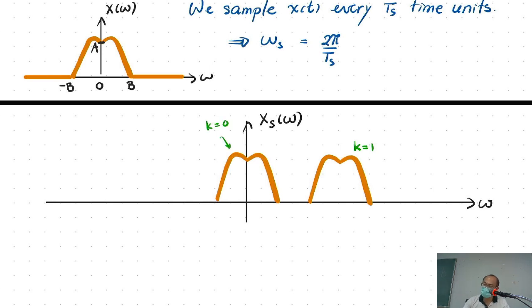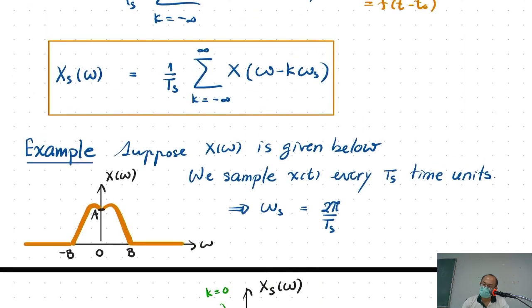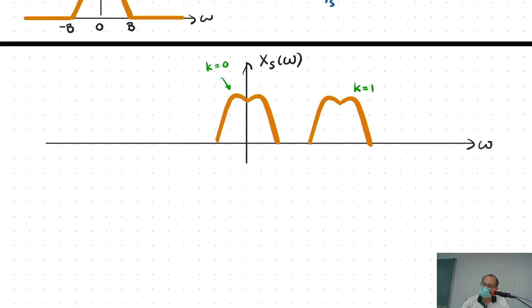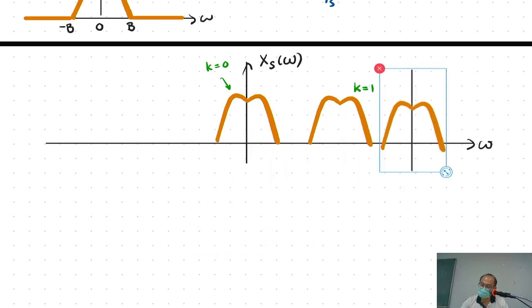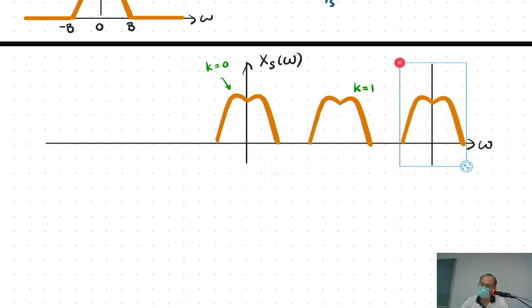Now what about when k equals 2? When k equals 2, I have to shift x of omega by twice the value of omega s, right? So instead of positioning it at 0, I have to position it at 2 times omega s. So I have this when k equals 2.